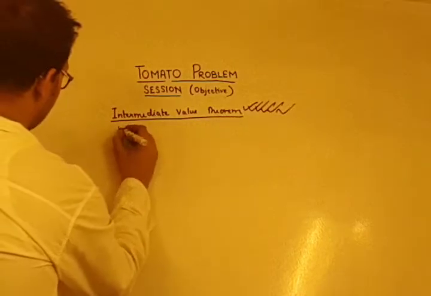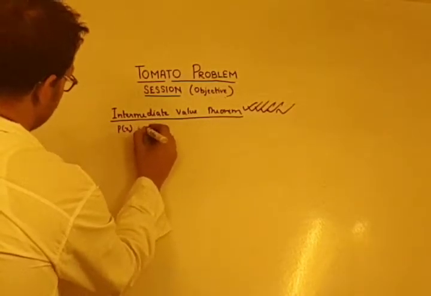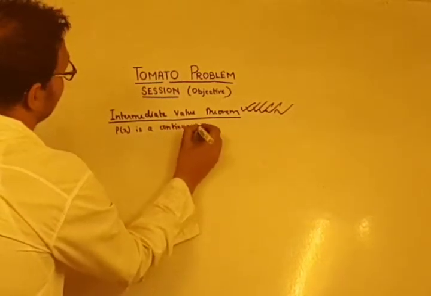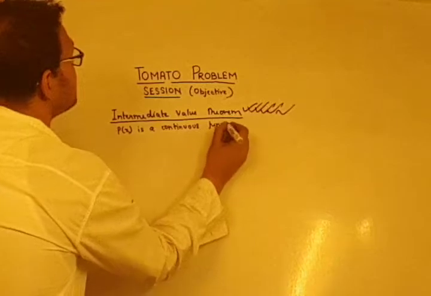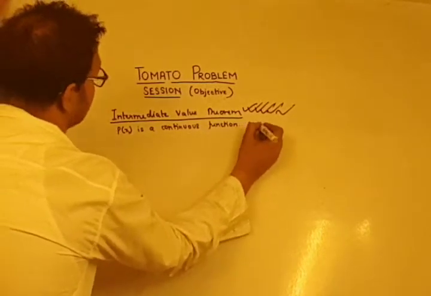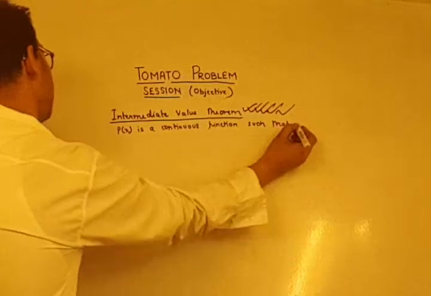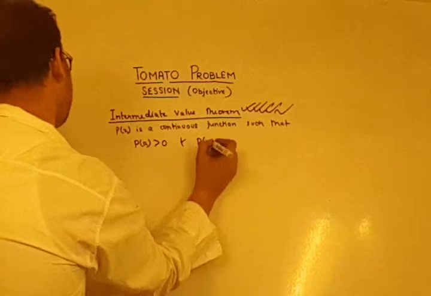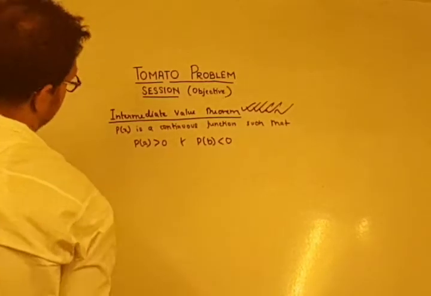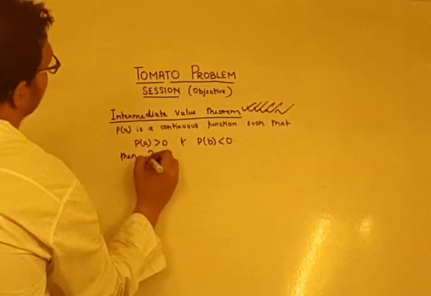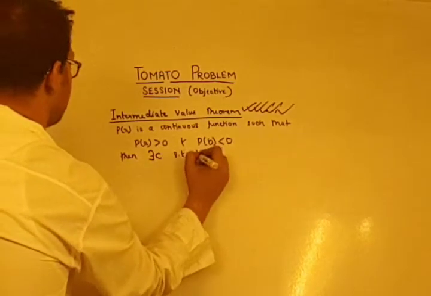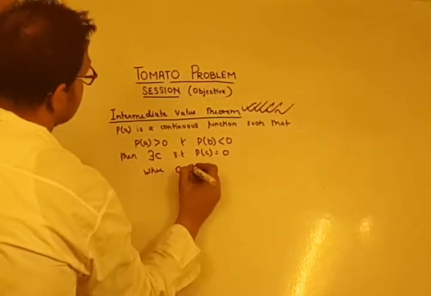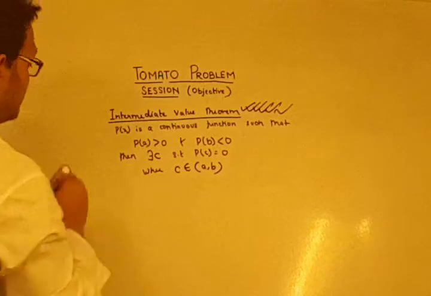It says that if P(x) is a continuous function such that P(a) greater than 0 and P(b) less than 0, then there exists c such that P(c) equals to 0, where c is between a and b.